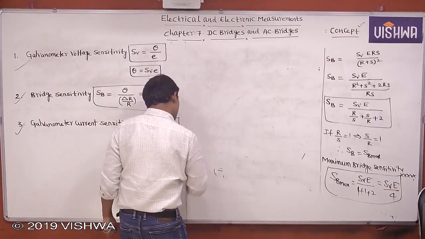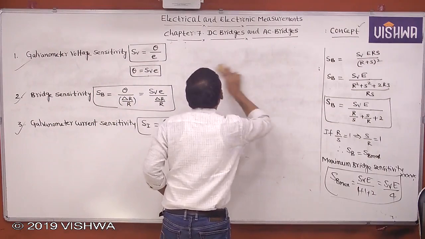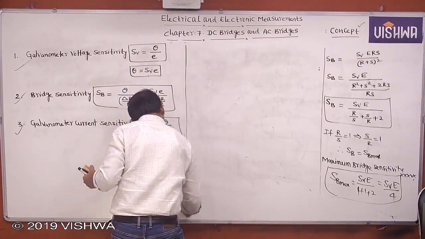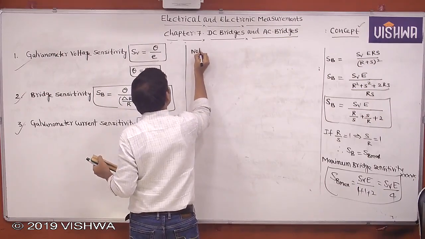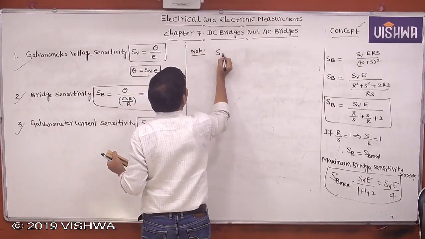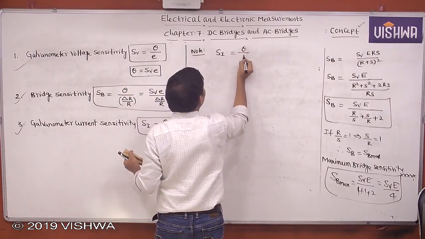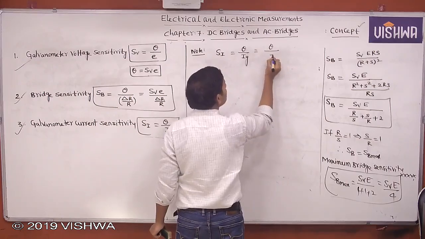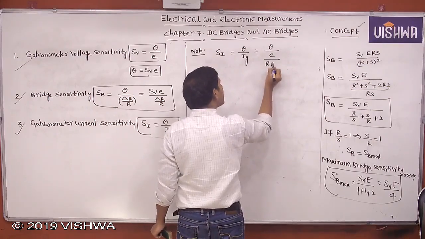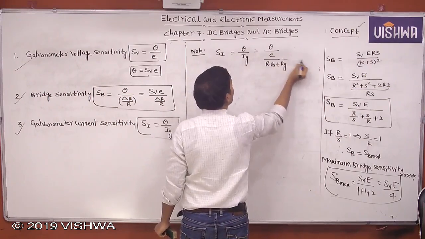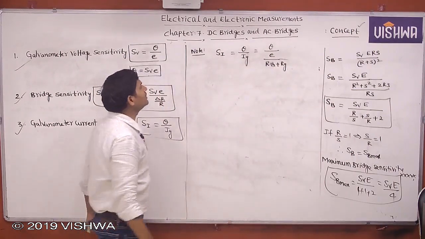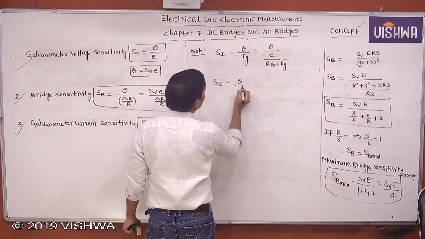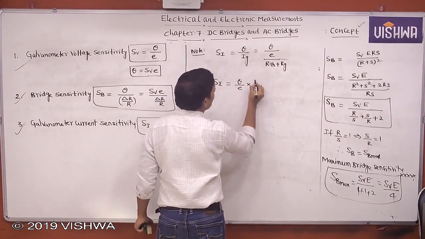Yes, we know this. What is the galvanometer current sensitivity? Write this as one more note. The current sensitivity of the galvanometer SI equals theta by I G. We know that I G is E by RTH plus RG. This formula is already given. Then from this, SI equals theta by E into RTH plus RG.